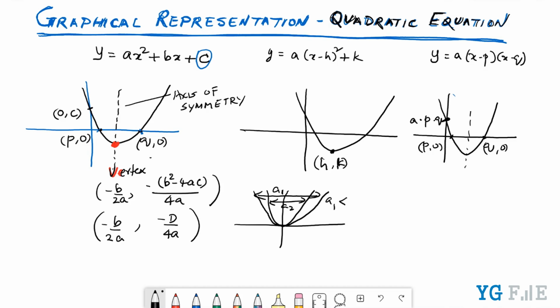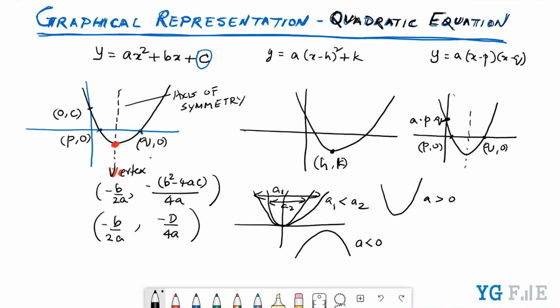So a1 is less than a2, because as the parabola keeps becoming wider, a becomes smaller. Similarly, when the parabola opens downward, a is less than 0. When the parabola opens upwards, a is greater than 0.